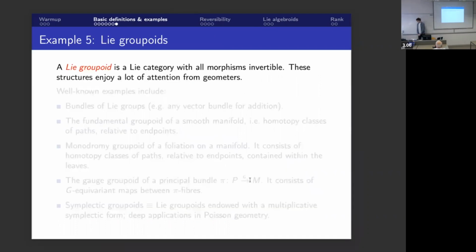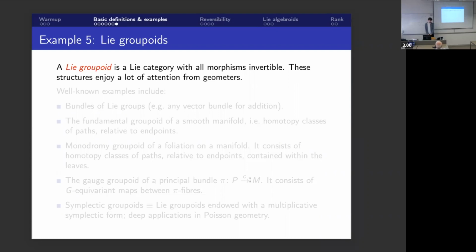Okay, and the example that I've been kind of mentioning is the example of a Lie groupoid, which is nothing less than a category, a Lie category where all morphisms are invertible. Okay, and these guys enjoy a lot of attention from differential geometers.